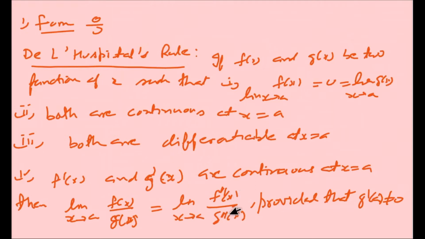If it is 0 upon 0 again, then you have to differentiate numerator and denominator again. This process continues until you can find a particular value.